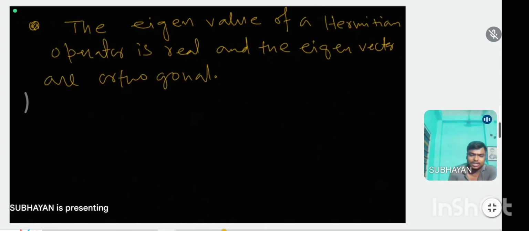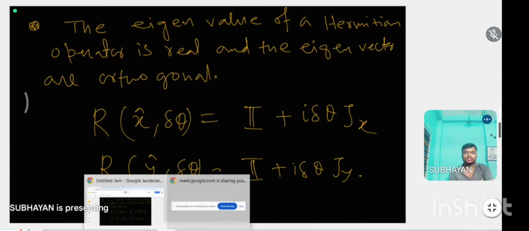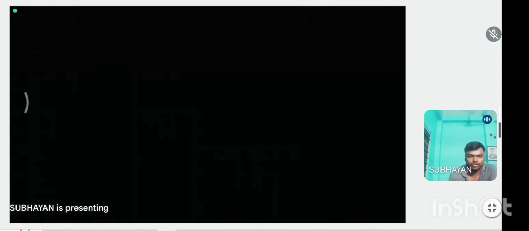Similarly, you can find R of x cap delta theta. You will find the same thing, which is I plus i delta theta times Jx. And R of y cap delta theta is I plus i delta theta times Jy. Where you have the formal forms of Jx and Jy.